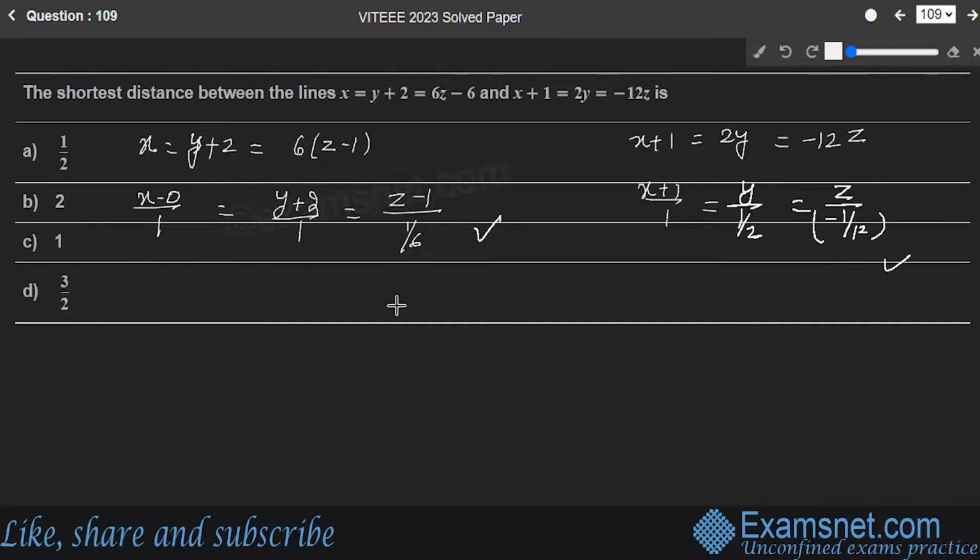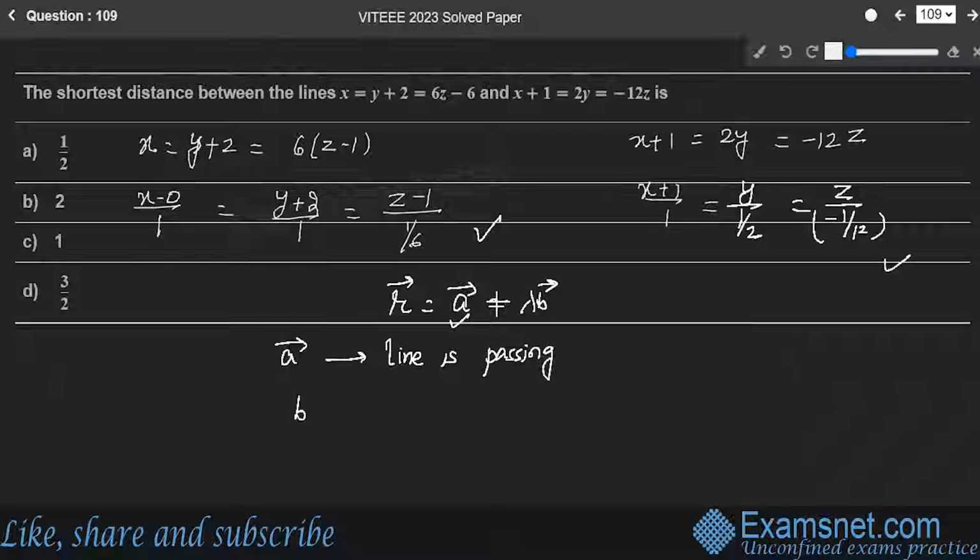Let's represent them in the vector form. The vector form of any line is given by r vector is equal to a vector plus lambda b vector. Here, a vector is the one through which the line is passing, and b vector is for the parallel line. All right.